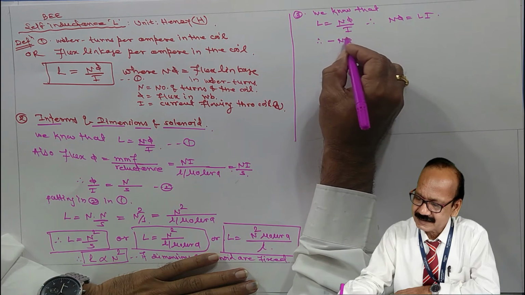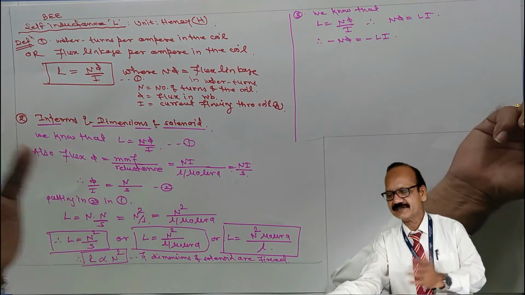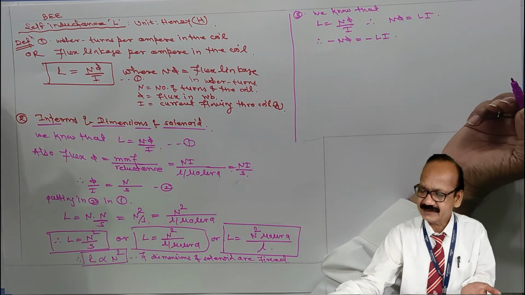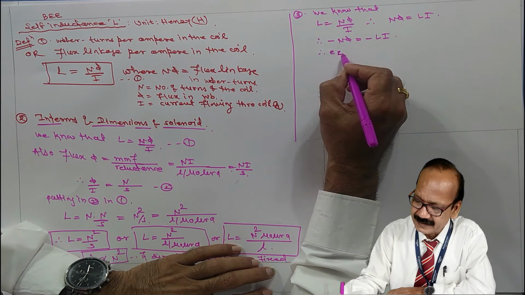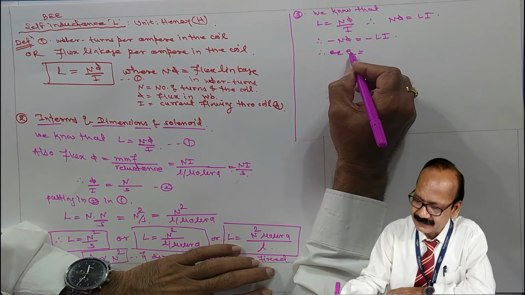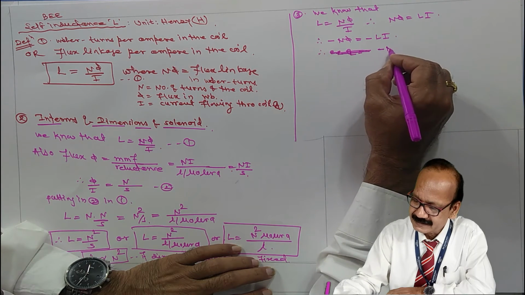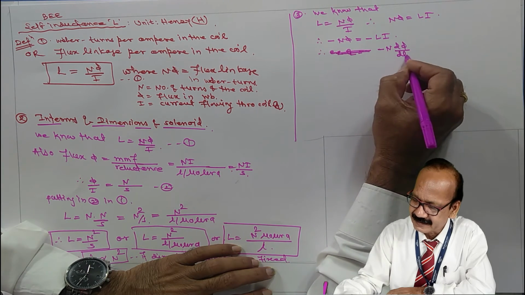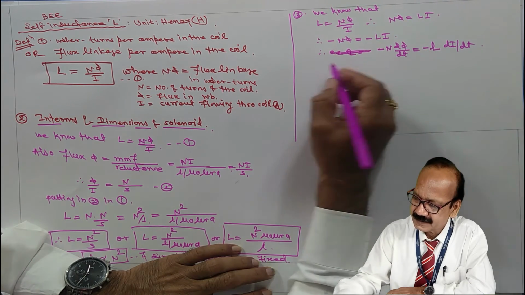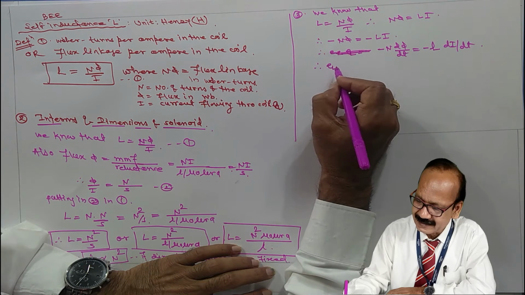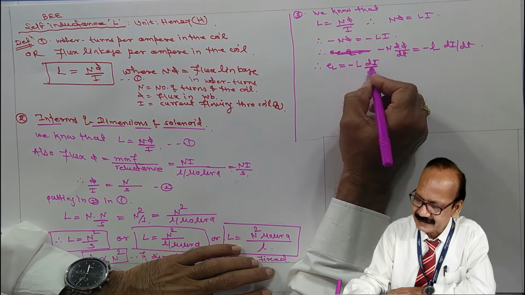Therefore, minus N phi equal to minus L i. Now differentiate both sides with respect to t. Therefore, E L equal to minus N d phi by dt equal to minus L di by dt, and this is nothing but E L, the self-induced EMF, equal to minus L di by dt.